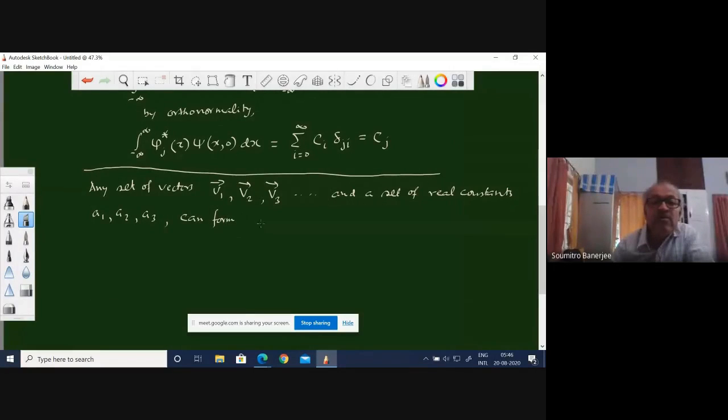So v can be expressed as a1 v1 plus a2 v2 plus a3 v3. So you notice that these are vectors, these are numbers, and put together they also give another vector. Okay. So this is similar to what we had written there.